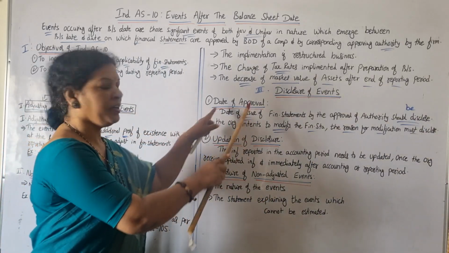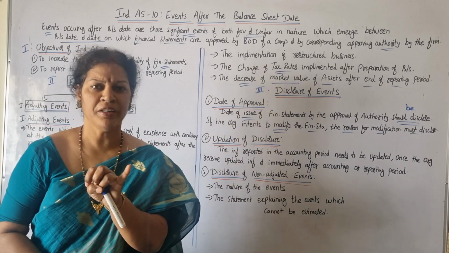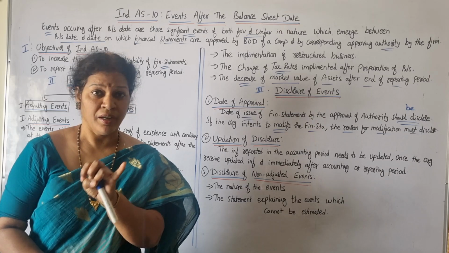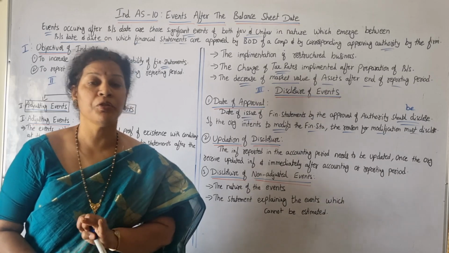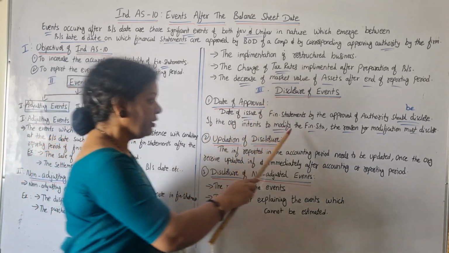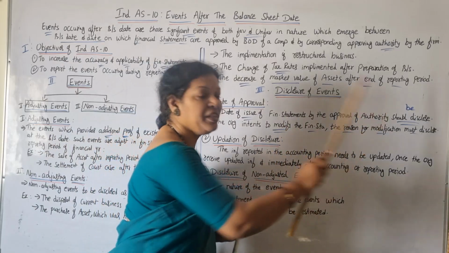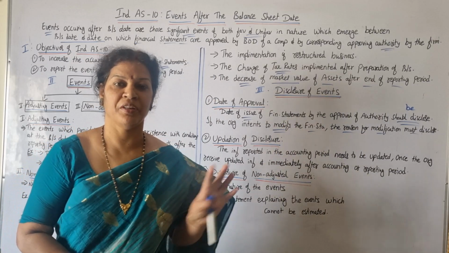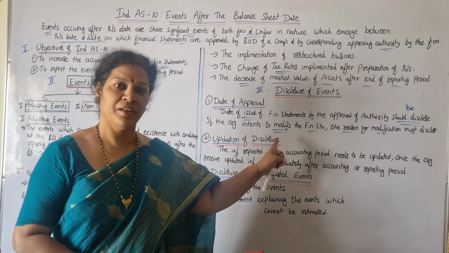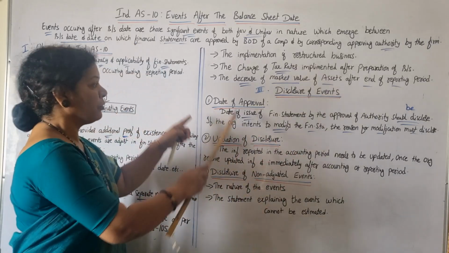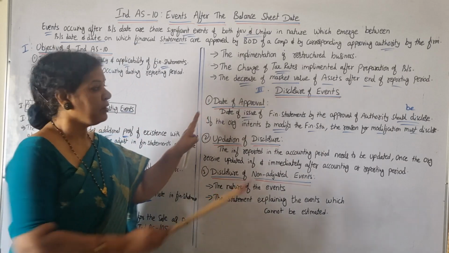So here 2 points: the date of approval, on what date it got approved by the authority, and if any modifications you are doing, what is the reason for the modification, that has to be mentioned. So this is the first point, disclosure.